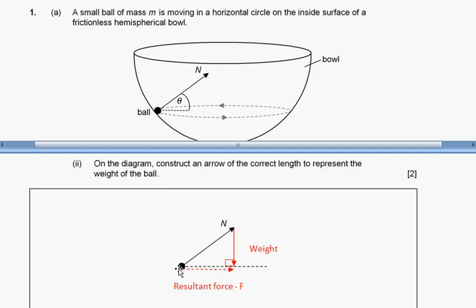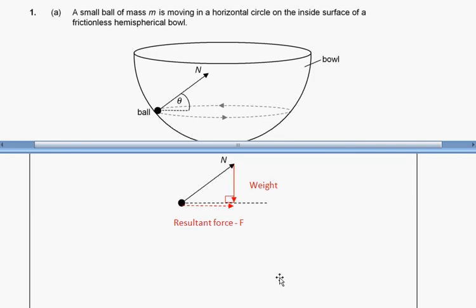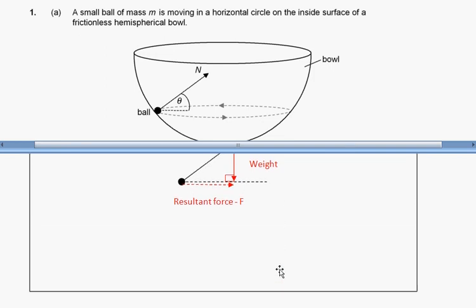So this is the ball, the reaction, and the weight is directed downward, and it finishes here because the resultant is exactly horizontal. So if you add reaction and weight, you will get the resultant along the horizontal. So the resultant force F.